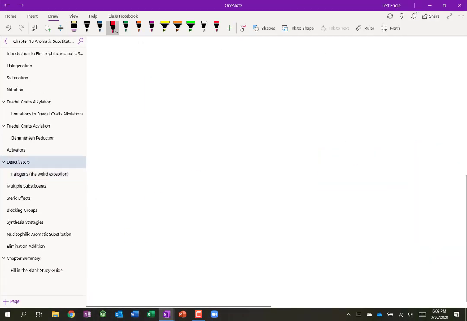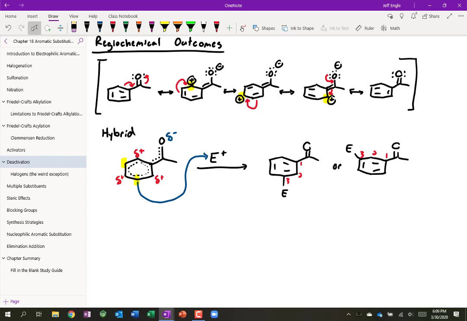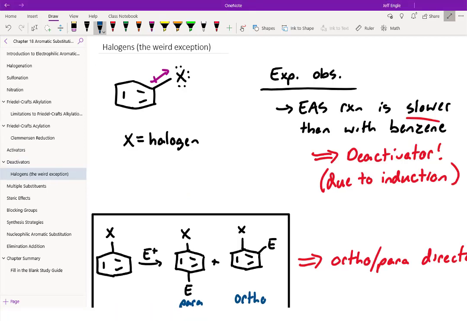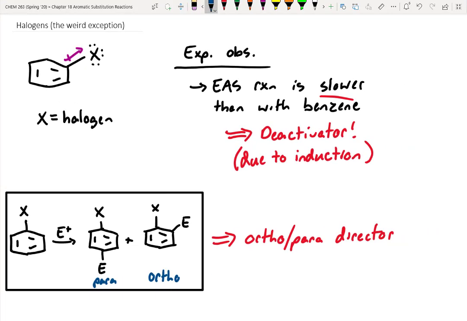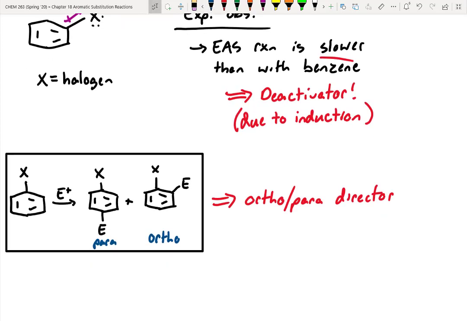Over here, I just finished telling you that deactivators are meta directors, right? And both of these structures are electrophile, even though it's the same product, installed itself in the meta position. Where halogens, we just said they're deactivators, but they're actually ortho-para directors. So then the question is, why would they be ortho-para directors?